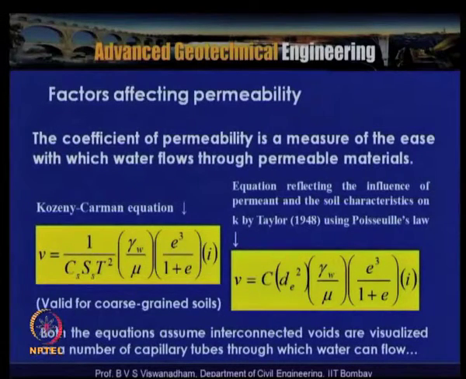Here dE is the particle size, gamma W is the unit weight of the permeant, and mu is the dynamic viscosity of the permeant. Both these equations assume that interconnected voids are visualized as a number of capillary tubes through which the water can flow.